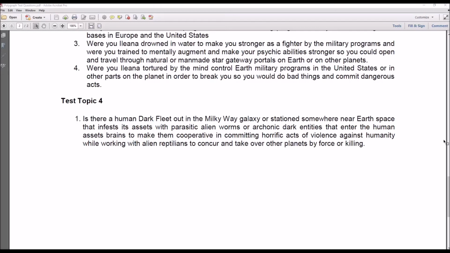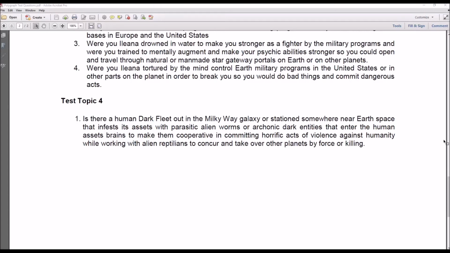The parasitic worms enter through the ear canal because they're very small. They either look like worms or slugs, and they are a sentient, intelligent being. They're smart, but they're small, so they need a human host to function. Basically, the human host asset has no free will, while these dark entities or parasites are taking over their body and doing bad things.